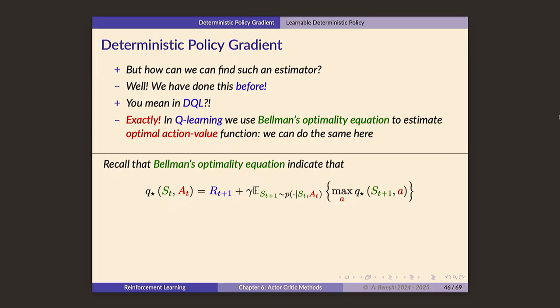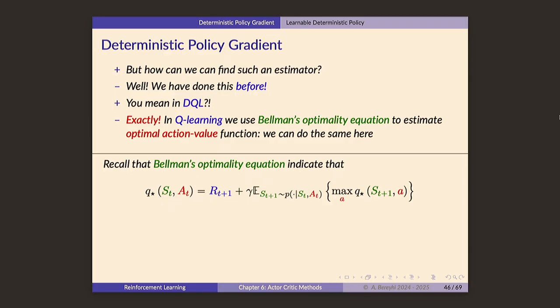And that value of the optimal policy is the maximum value among all action values, maximized over actions. This means you can replace that V with this term. So this was the Bellman optimality equation.